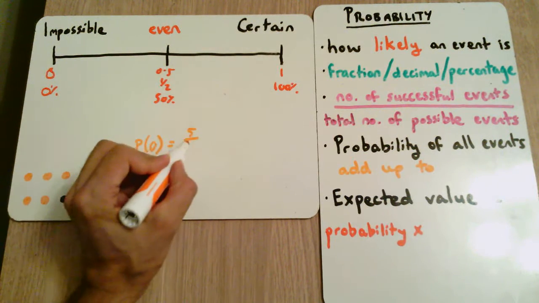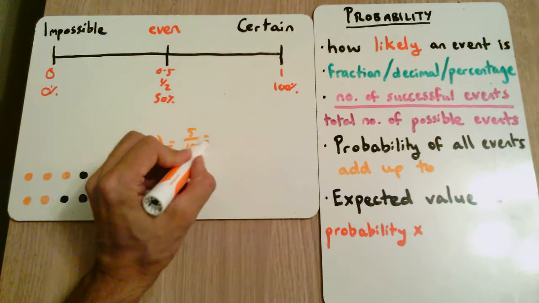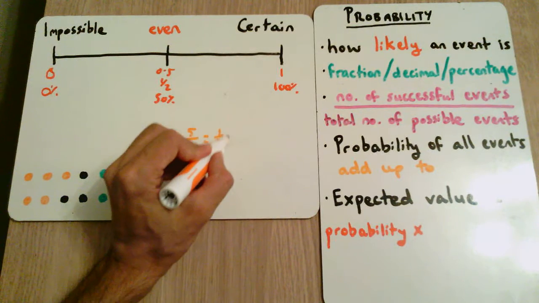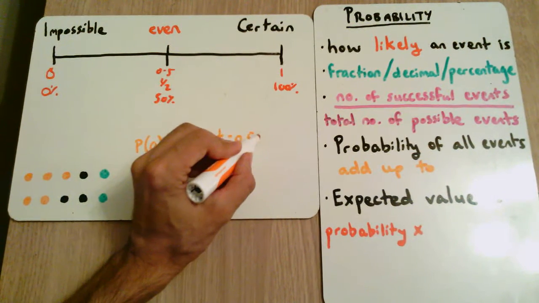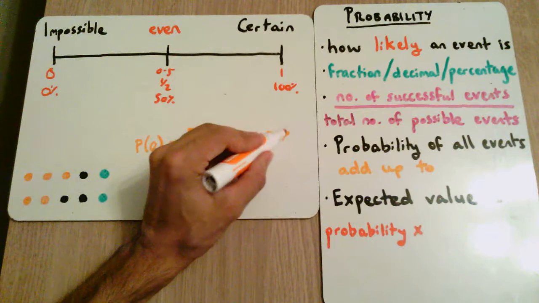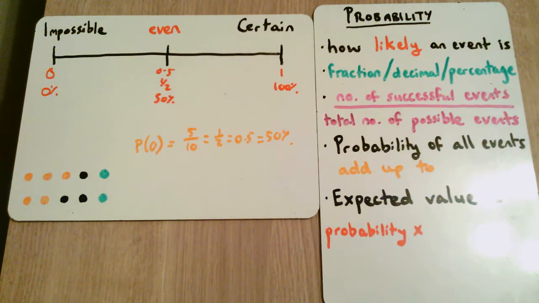So the probability of that is 5 out of 10, which is equal to a half, which is the same as 0.5 or 50%. So any of those values would be okay, a half, 0.5, or 50%.